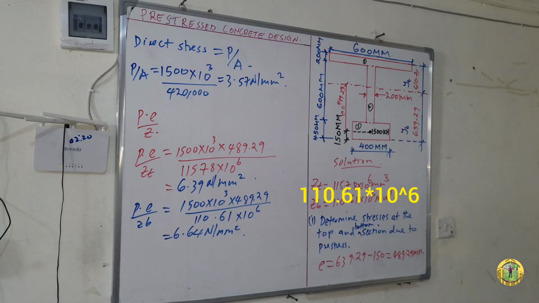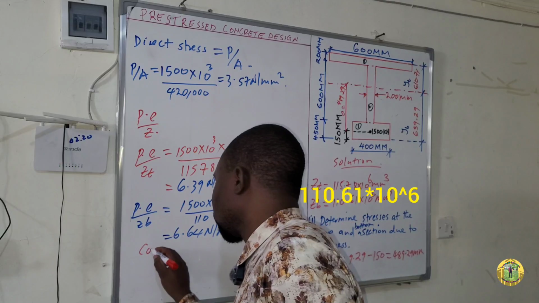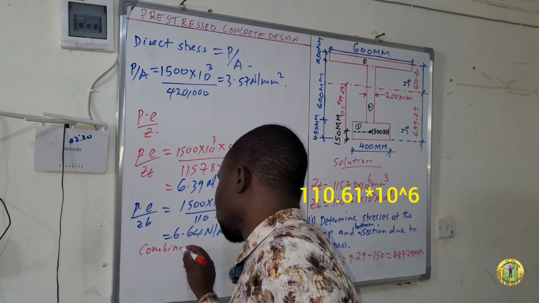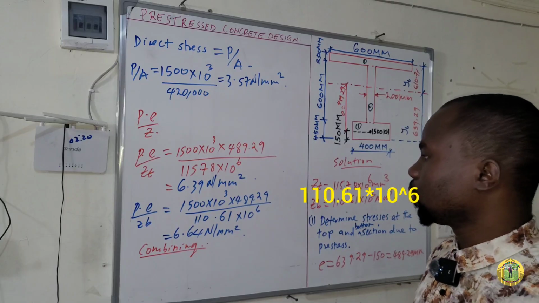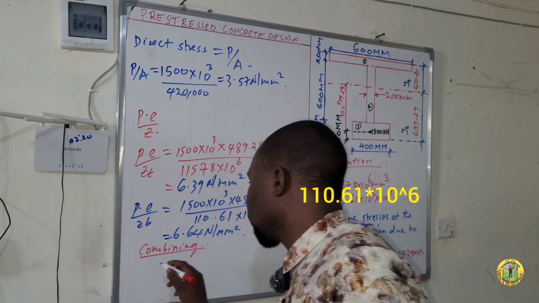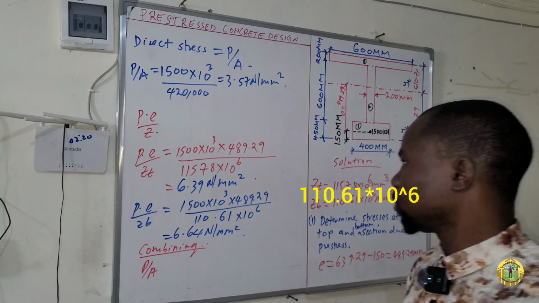And then you can combine the two stresses, that is the direct stress and the stress due to pre-stressing. Let's start with the top. We have P over A, which is always positive.